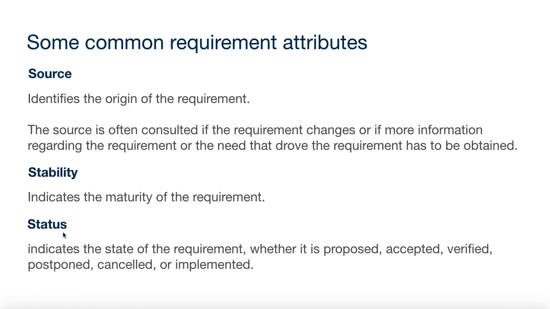The next one is the status of the requirement, which indicates the state of the requirement, whether it's proposed, accepted, verified, postponed, cancelled, or already implemented. This is very useful for the team to have visibility on the status, as well as when you present it to stakeholders, it gives visibility of the status of each requirement.